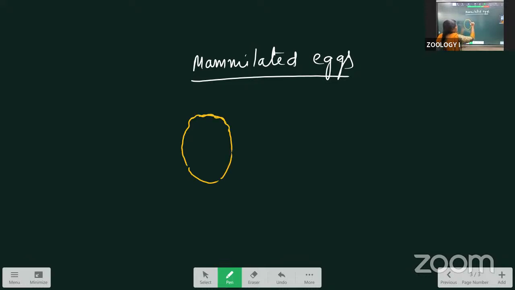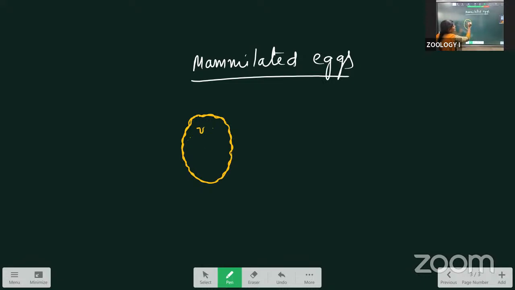Here it has a curved, rippled surface. That's why this is called a mammillated egg. The protein coat is present outside, having the curved or rippled surface. That's why Ascaris eggs are called mammillated eggs.